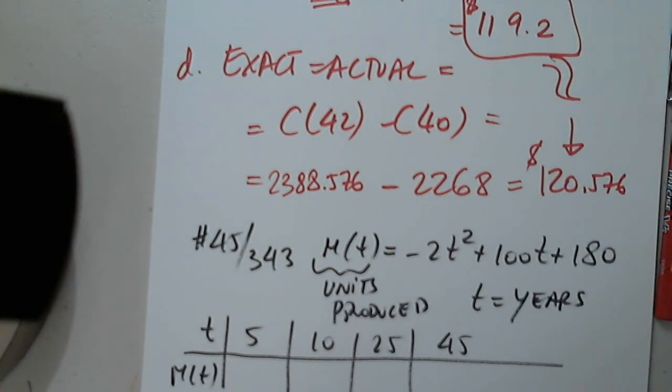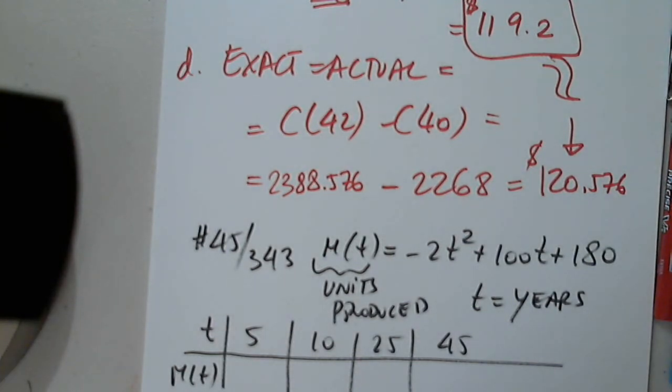So I'm going to share my screen and go to y equals, clear these functions, and put in the function -2t squared plus 100t plus 180. Okay, so all I have to do now is what?